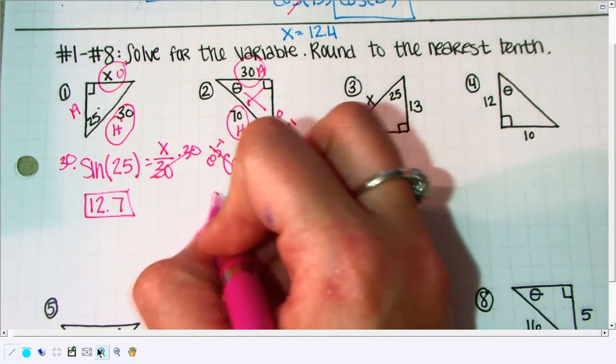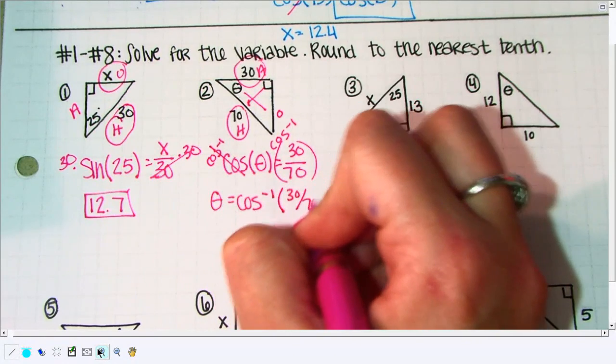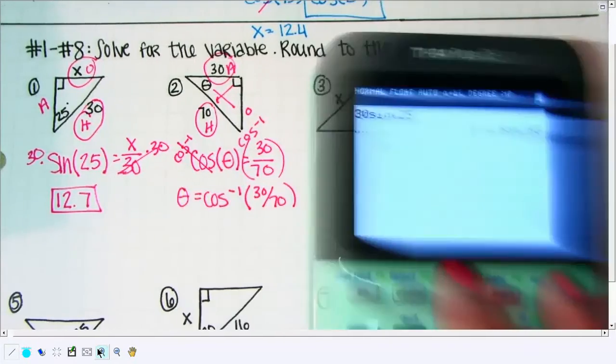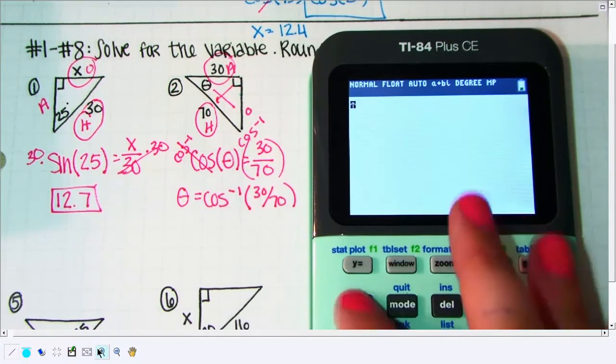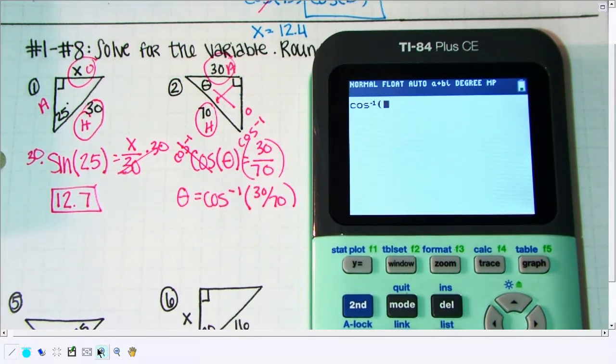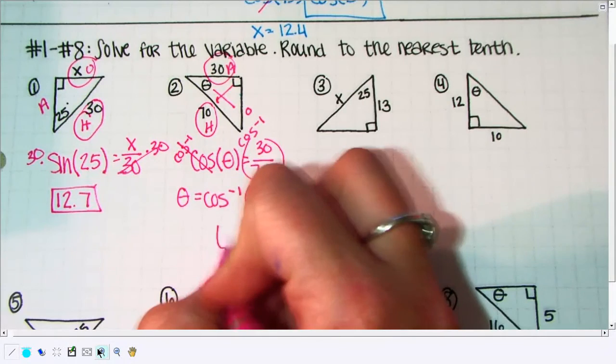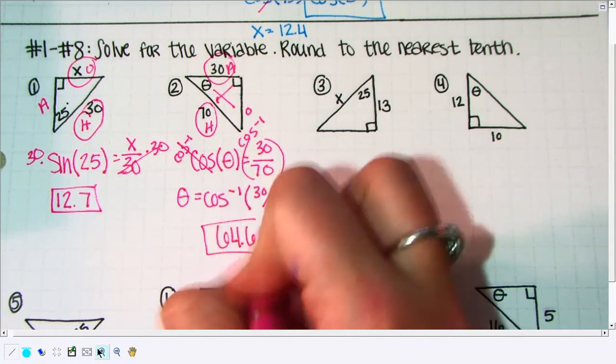So now my theta value equals cosine to the negative 1 of 30 over 70. So I'm going to press second cosine, not tangent, second cosine, 30 divided by 70, 64.6. Whenever you're solving for an angle, you use the inverse.